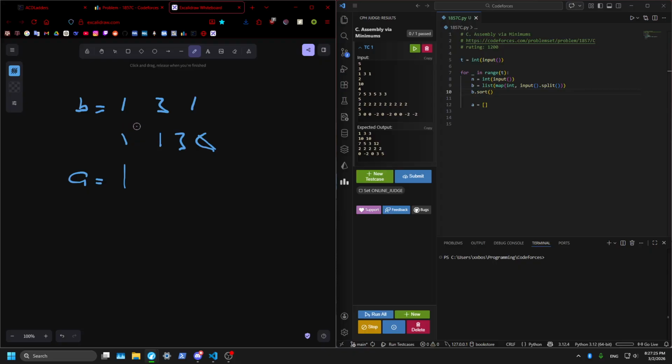Here is between this and this, so this can be anything. To get 3 here, it's between this and this, so this has to be 3. Well, like we must have a 3.